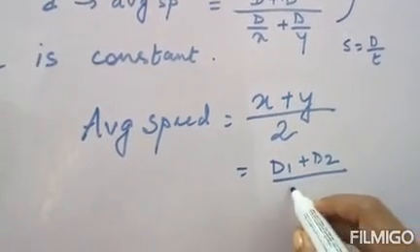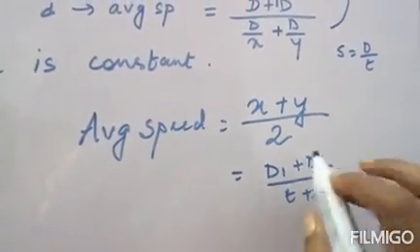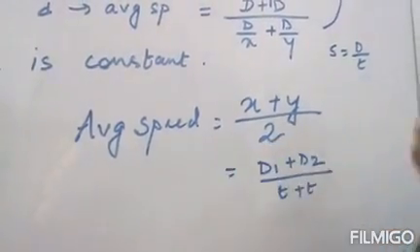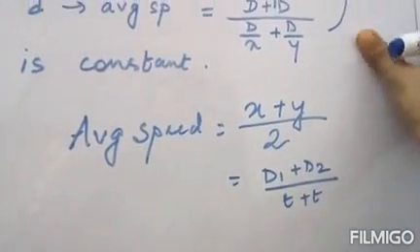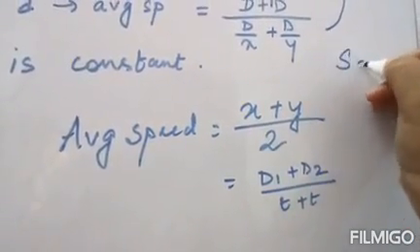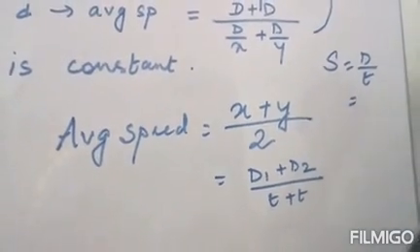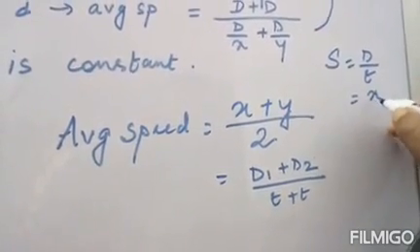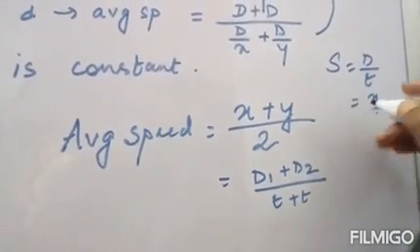What is the total time? t plus t. Now see, d1 and d2 we don't know, but we know the speed. Speed is distance by time, right? And what is the distance? In the first case, x by t.